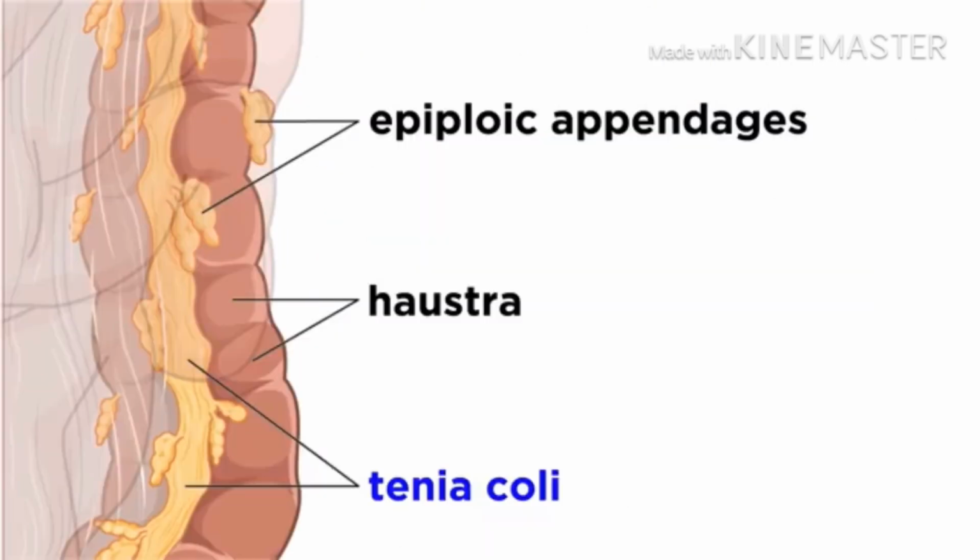The large intestine is comprised of three bands of smooth muscle called the taenia coli, sacs called haustra, and tiny fat-filled pouches called epiploic appendages.